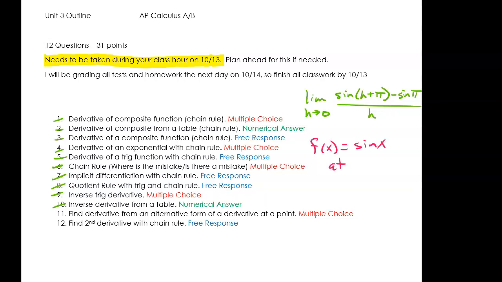And I know the point that it's referring to is pi. And that's because I see sine, I see pi. This plus h is just notation for the derivative. So that means what I would do is I would take the derivative of sine of x, which is cosine of x, and I would plug in pi.